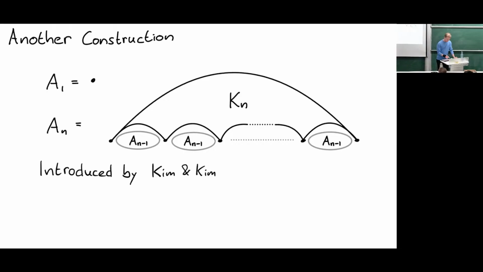And so why does this have arbitrarily large dichromatic number? Well, if you have an n-1 dicoloring of this backedge graph, then we have two vertices in this clique that receive the same color, just by pigeonhole.